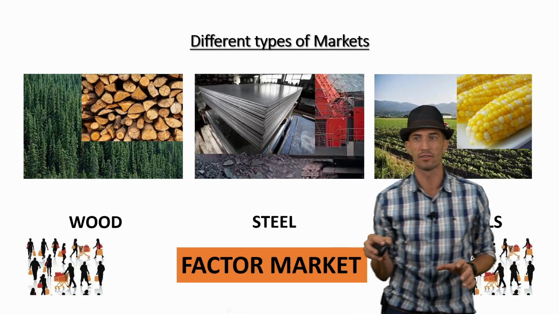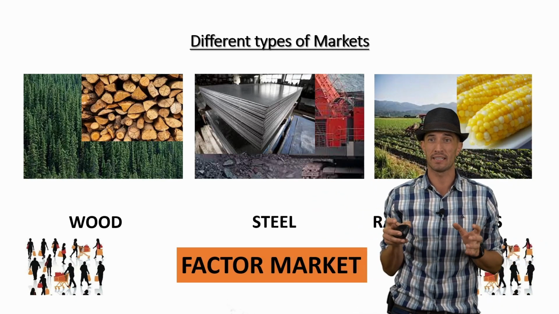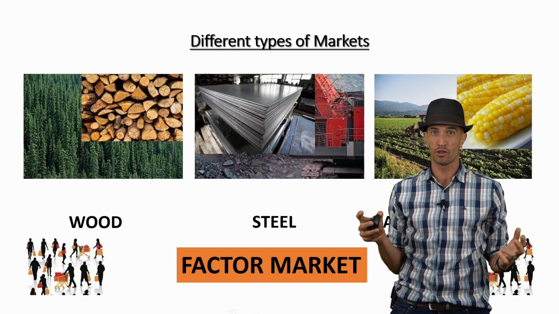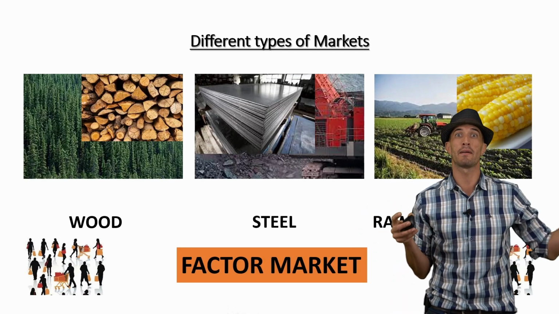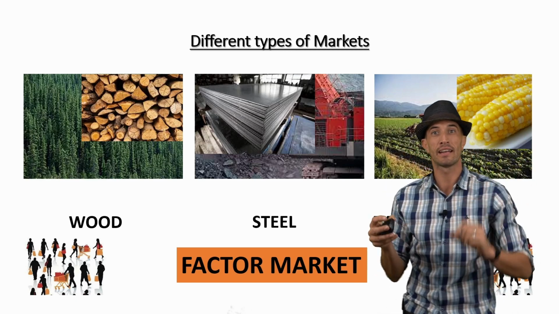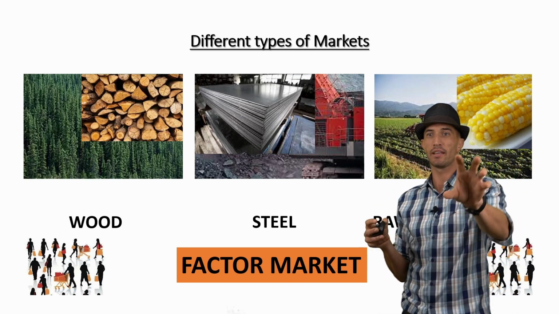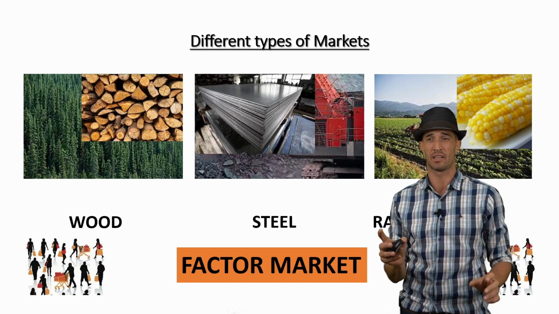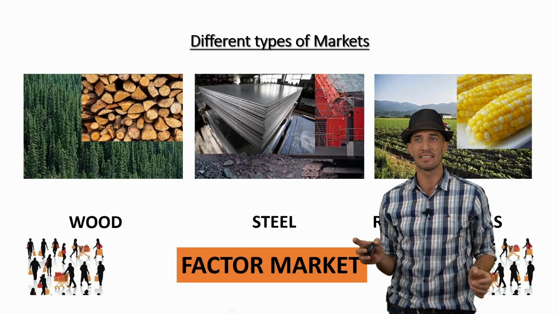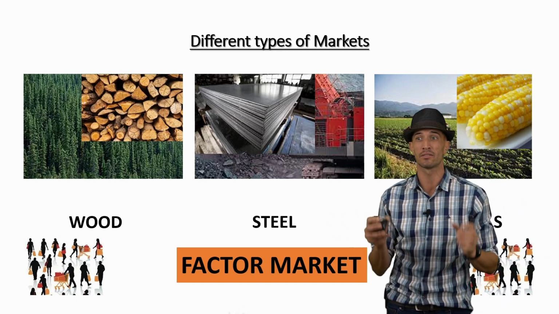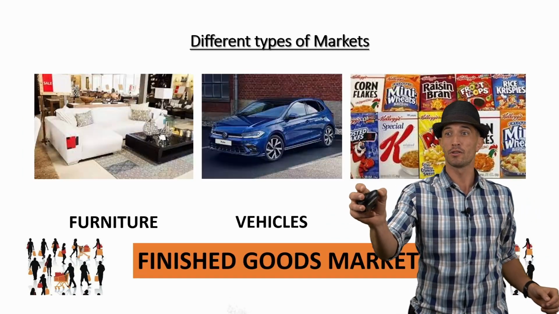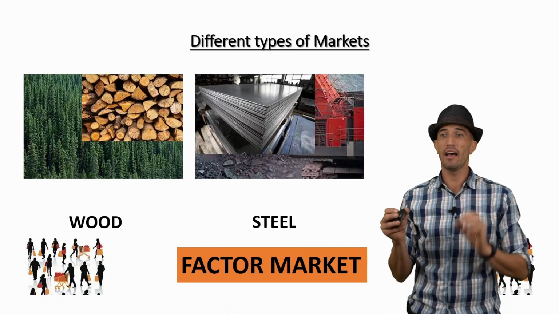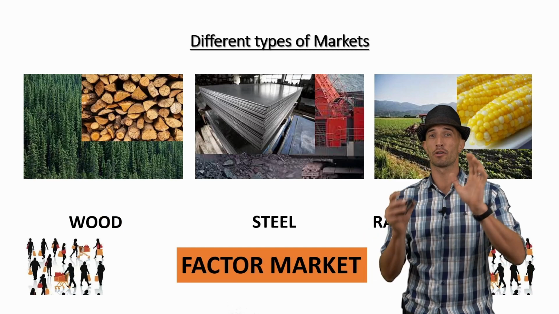In this market, they buy and sell the wood. This is not where we go as consumers to buy. This is where the manufacturers go to buy their natural resources. They organize with the people to cut down trees, to replant, make sure there's enough trees, or where there's mining to get the steel sheets, or farming to get the raw materials in order to produce our finished goods.